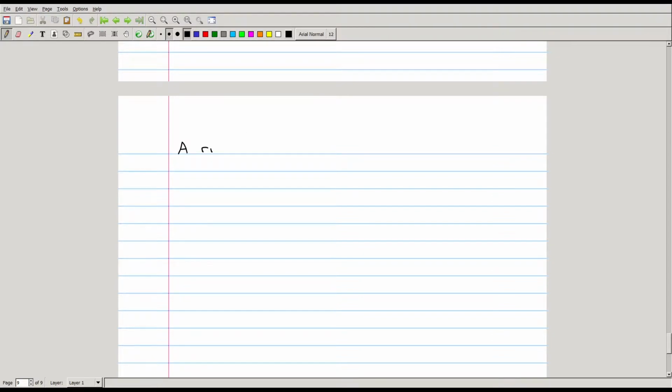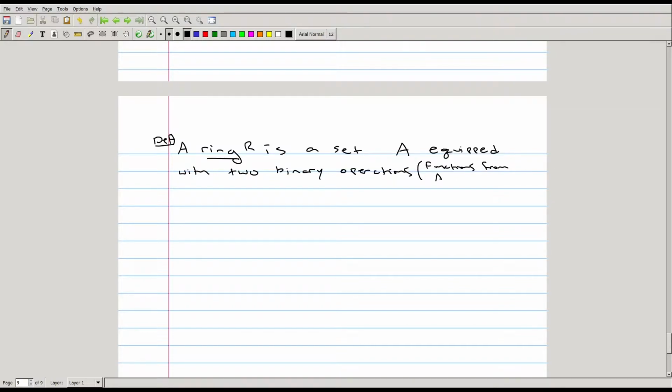A ring is a set A equipped with two binary operations, or functions, from A cross A back into A. And we can denote these two operations as star plus and star dot.